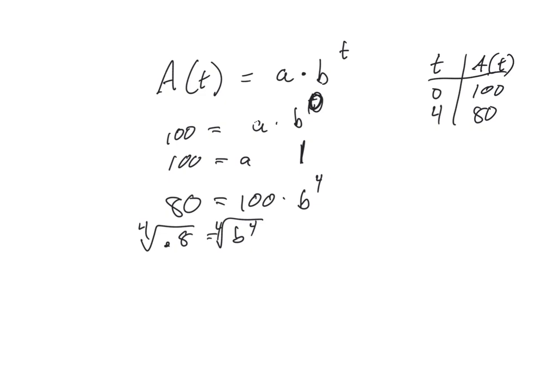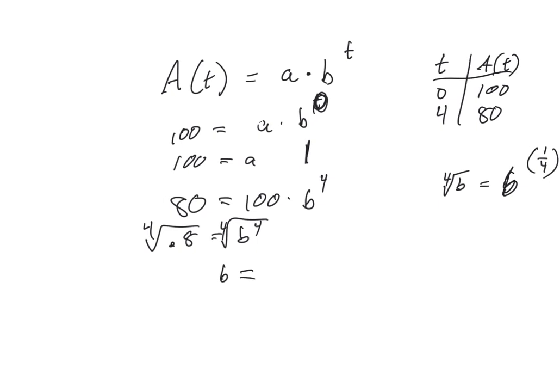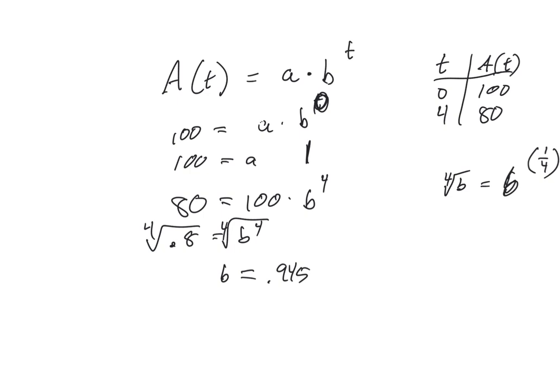Now if you're struggling with that on a calculator, the 4th root of something is the same as saying B to the 1/4 power, or B to the 0.25 power, but either way, B is going to then equal 0.9457. That's my B, so my full function is A of t equals 100 times 0.9457 to the t power.